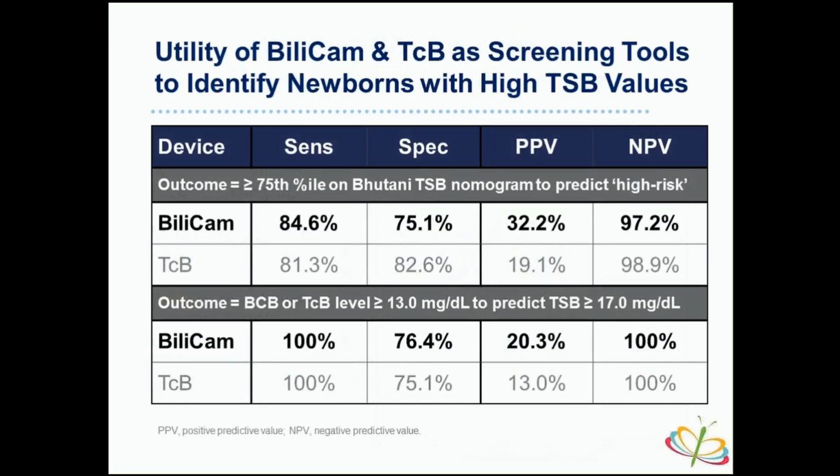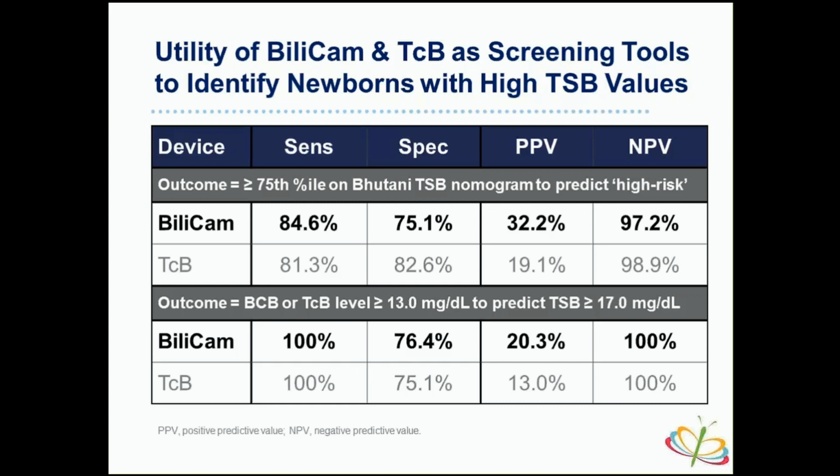This table looks at the utility of the BiliCam, and they also included the transcutaneous bili, as screening tools to identify newborns with high total serum bili values. This table can be kind of confusing because it looks at sensitivity, specificity, positive predictive value, and negative predictive value, and they were looking at 2 different outcomes.